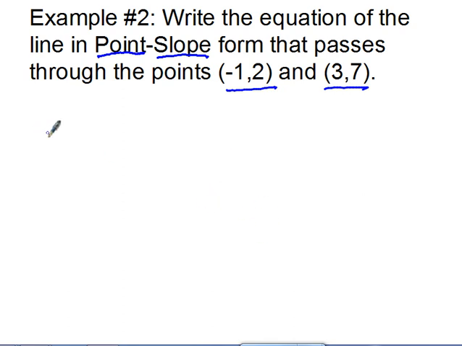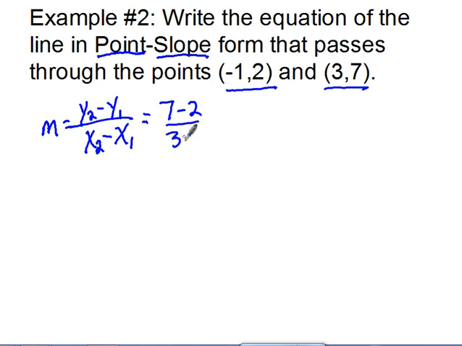We know how to find slope using the slope formula: m equals y sub 2 minus y sub 1 over x sub 2 minus x sub 1. Plugging in our values, we have 7 minus 2 over 3 minus -1, which is 5 over 4. Our slope is 5/4.